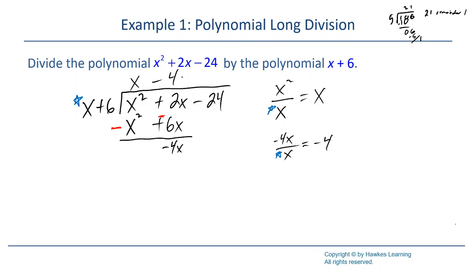I put negative 4 up here, and I do negative 4 times x, which gets negative 4x. You should always get it to where the first terms cancel out. That's usually what's going to happen. But then I end up with negative 4 times 6, which is negative 24. And then notice I have a constant, so I'm going to bring down the constant term from the original.